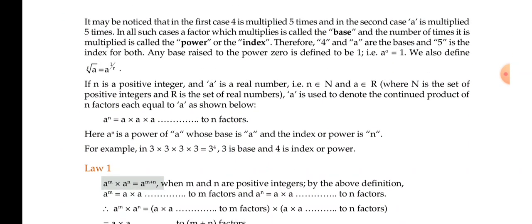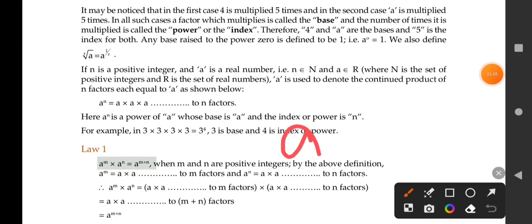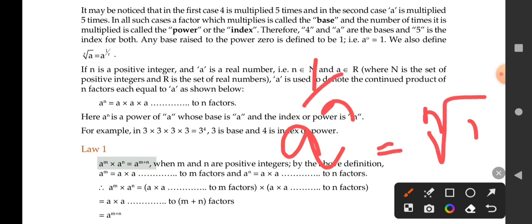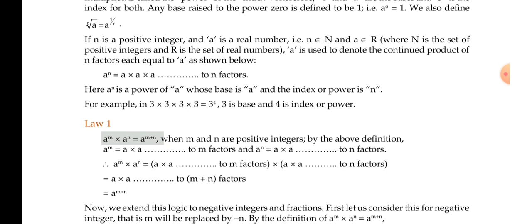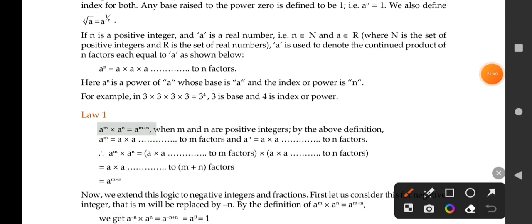So a raised to 1 by n is what? It is the nth root of a, right? a raised to 1 by n is equal to the nth root of a. So if n is a positive integer and a is a real number, we will see how to tackle n as a negative integer further as one of the laws of indices.